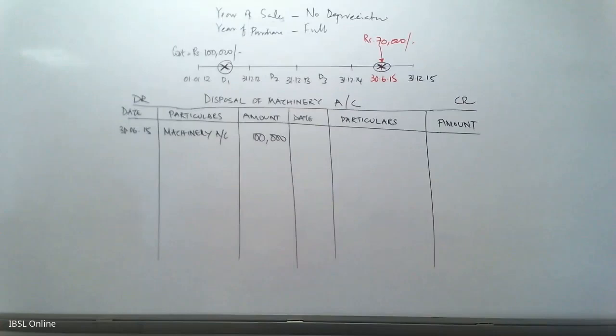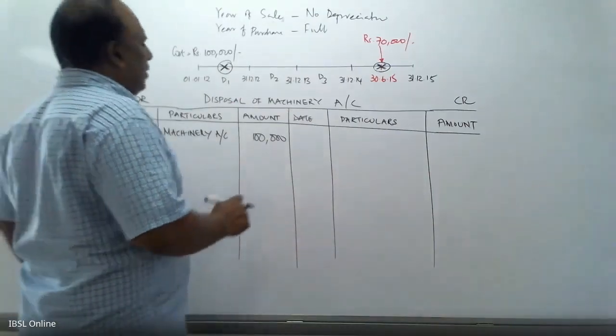Then we have to transfer or remove the accumulated depreciation of the asset. Now that is part 1, what you have calculated. As at 30th June 2015, this asset had a certain amount of accumulated depreciation. That is what you have calculated in part 1 of this question.